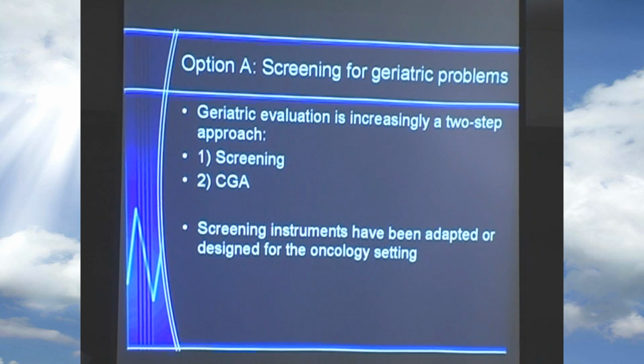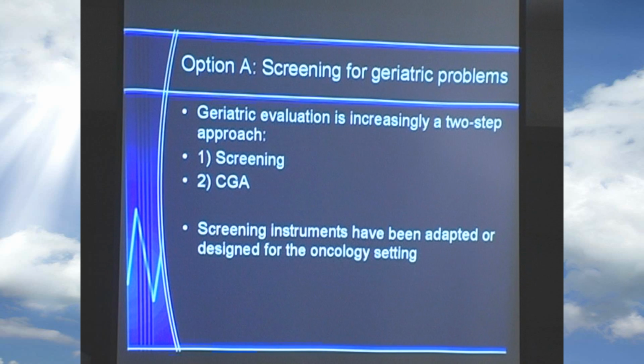We may identify the group of vulnerable patients by screening. So they look healthy, but all of a sudden the screening is going to show things. So we do a screening, and if they screen positive, we either have a multidisciplinary team here that assesses them, or we refer them for geriatric consultations.